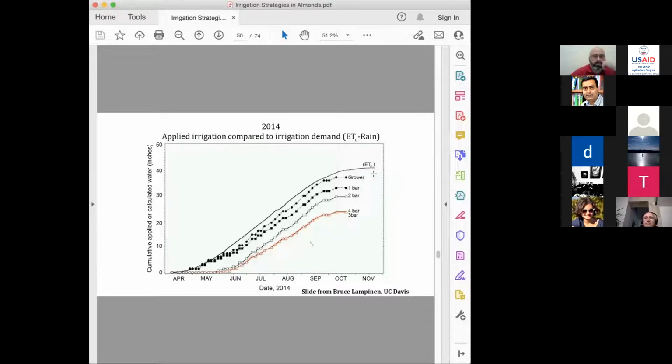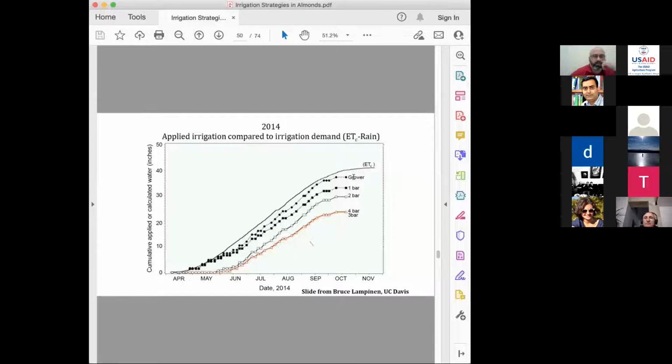Okay. So what these researchers did is look at how the water use adds up over the season, and the cumulative evapotranspiration was about 40 inches, which is about 9 megaliters. And this is a grower applied irrigation.